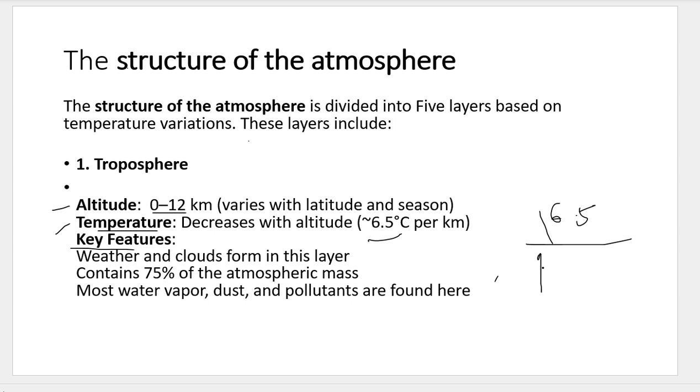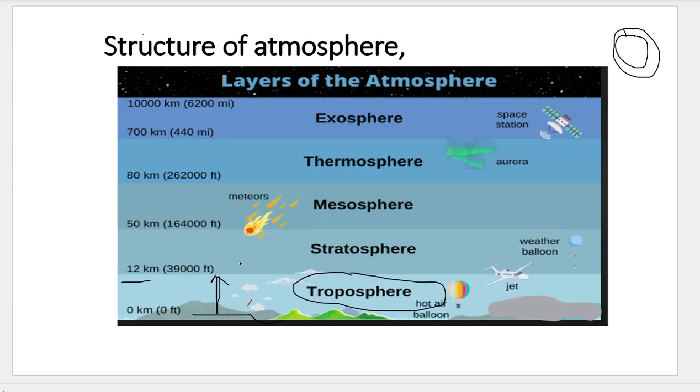The key features are that weather and clouds form in this layer. Most weather phenomena occur here, like cloud formation, raining and precipitation. All these weather phenomena happen in the troposphere.